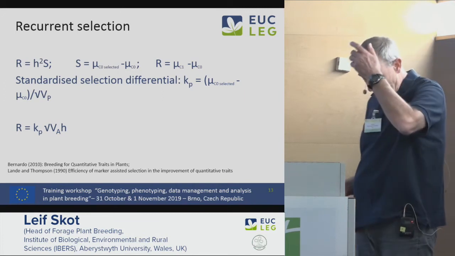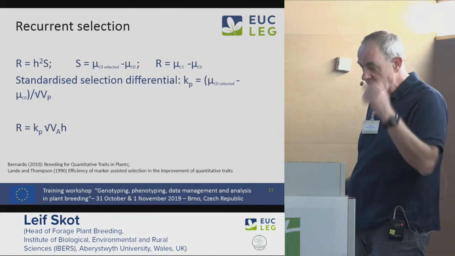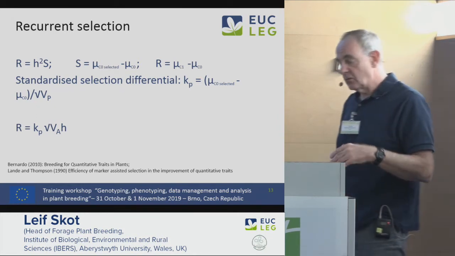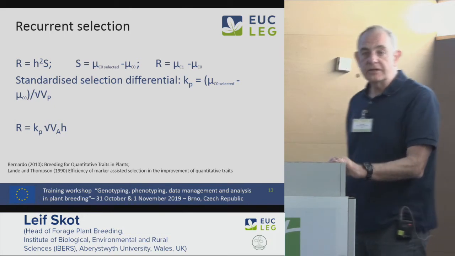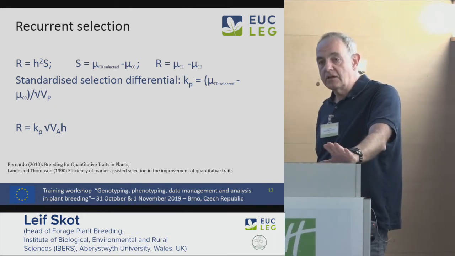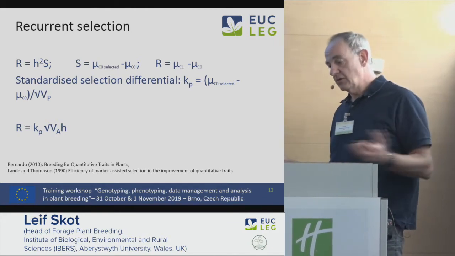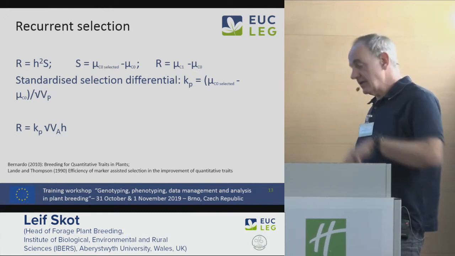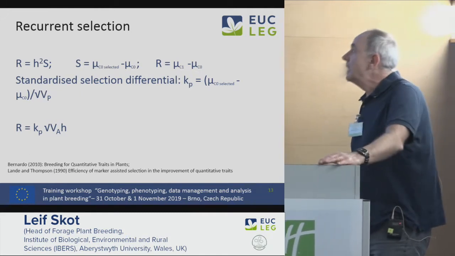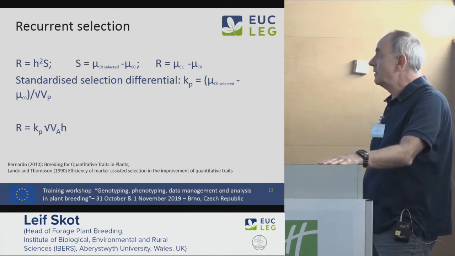If you go back to recurrent selection, which is what I mostly use, well, most breeding, I guess, is some form of recurrent selection, but particularly in forage crop breeding, you are using recurrent selection where you do some crossing and you look at the progeny, and then you go back and use the best of the progeny in the new cycle.